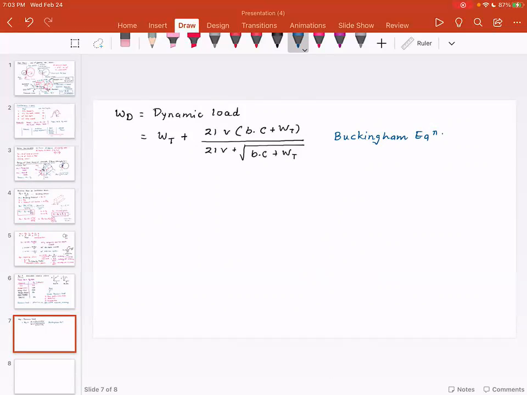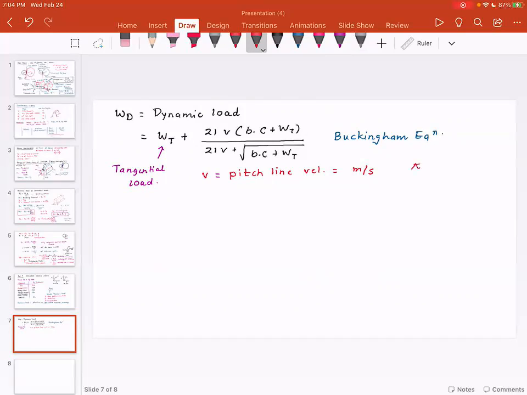But let's look at the terms in this equation. WT we know, which is the tangential load. V is nothing but the pitch line velocity. And it is important that this velocity has to be in meters per second.